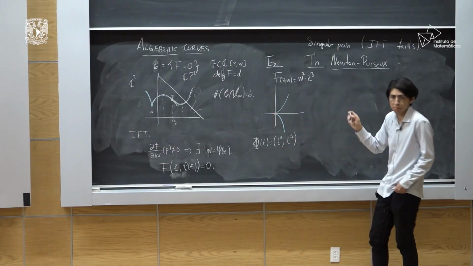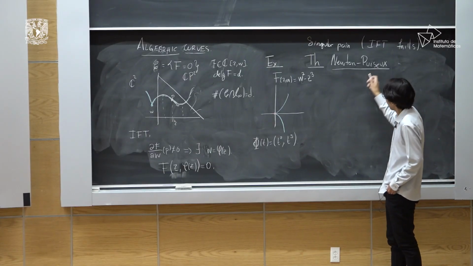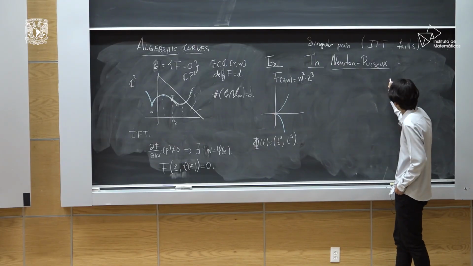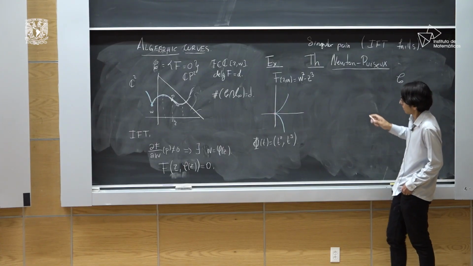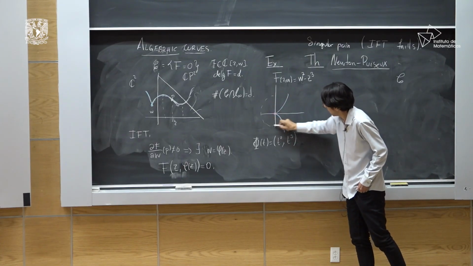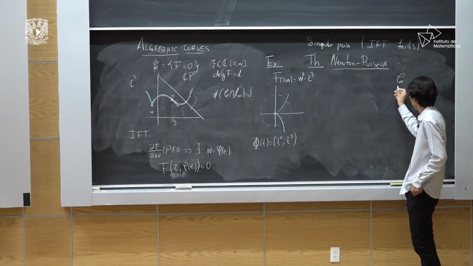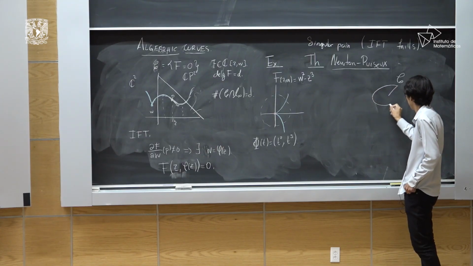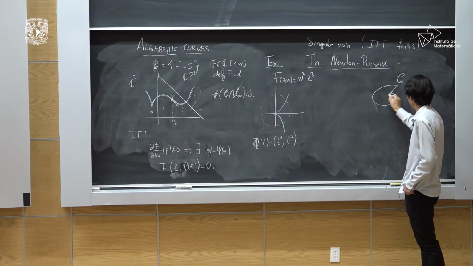So I will try to draw the geometric version of the Newton implicit theorem. We have here the curve in the neighborhood of the singular point.